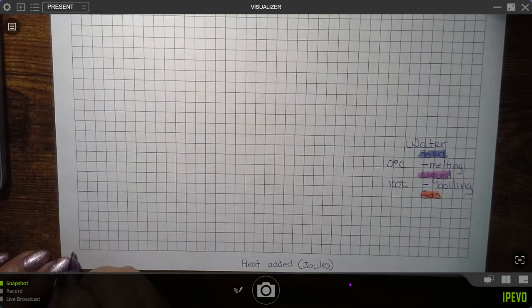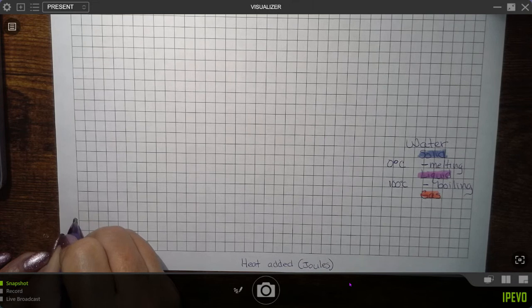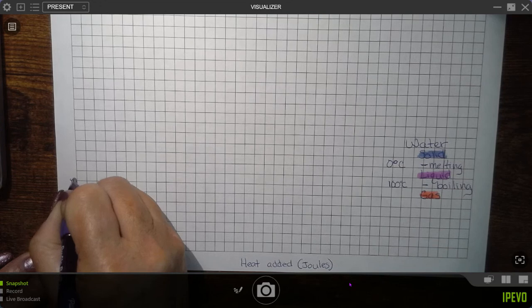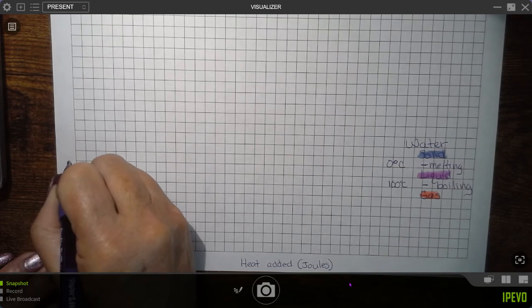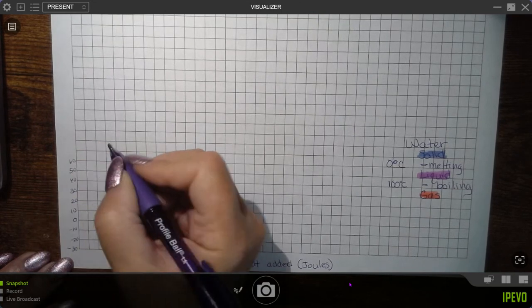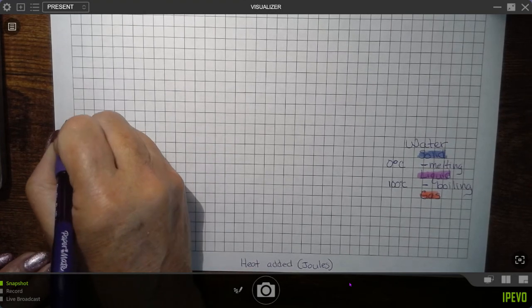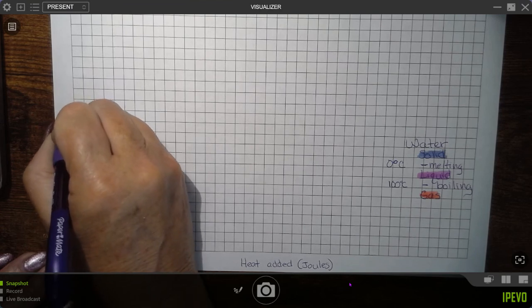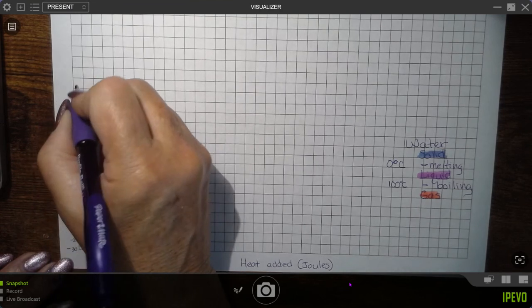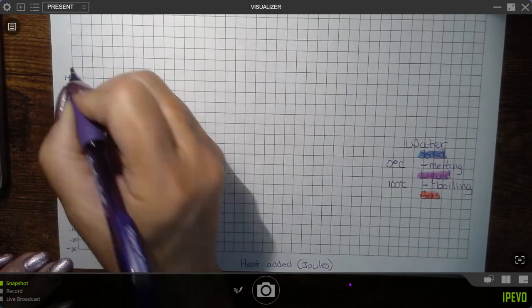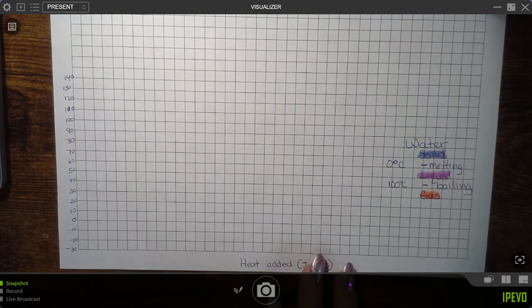I'm going to start at about minus 30 degrees Celsius, and then observe what happens as water heats up from ice, the solid, to liquid water, to finally steam, water in the gas phase. I'm going to go from about minus 30 to 140 on my graph.